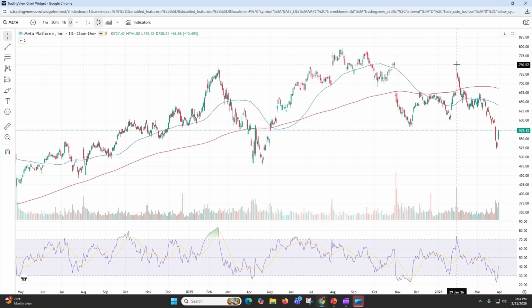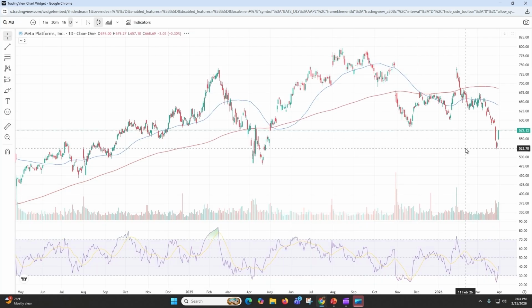But Meta's move from that big spike up, 744 back at the end of January, and then yesterday we're trading in the 520s. Pretty dramatic move in a very short period of time to get back down to lows that you haven't seen since the market was really under some pressure. So it's going to be interesting to see how stocks like these bounce a little bit.